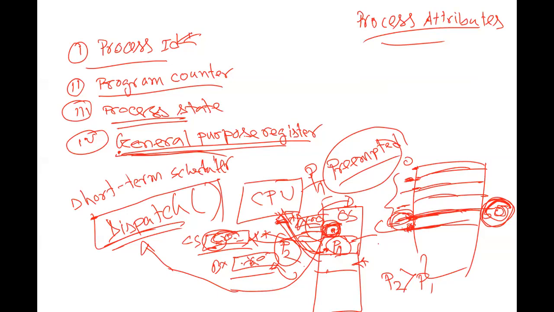If saved data is available, it is loaded by this function. So these two functions are used to execute a particular process: one is the short-term scheduler, and the other is the dispatch function.